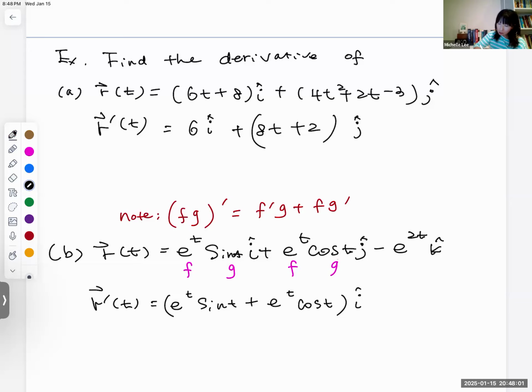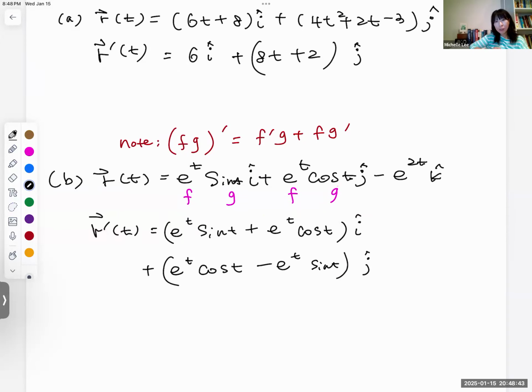Let me write it down here. f prime, we have e to the t, times g, plus f times g prime. So negative sine t, right? Let me write down negative sine t here.